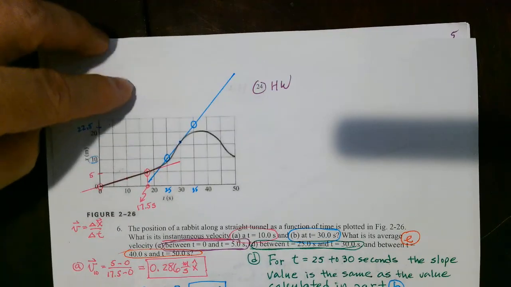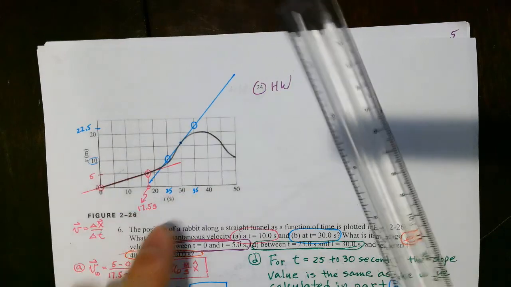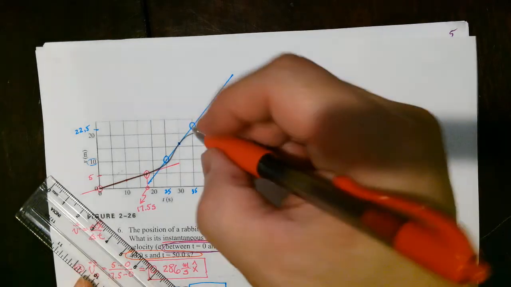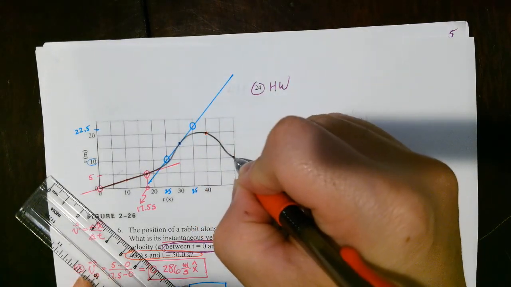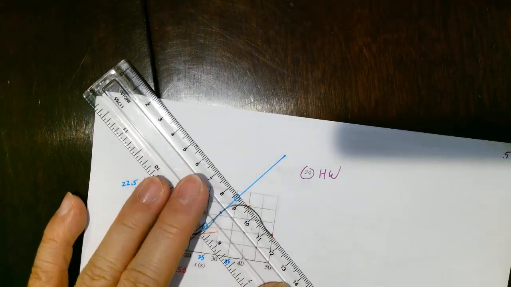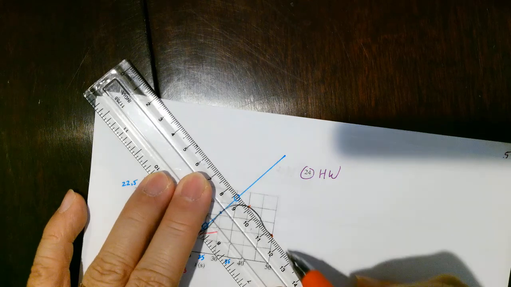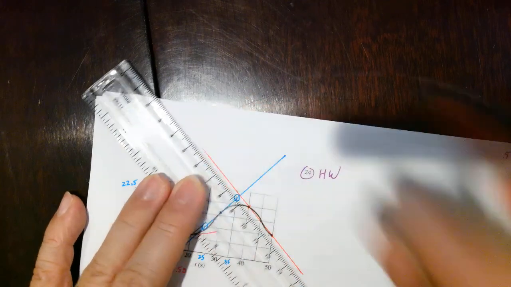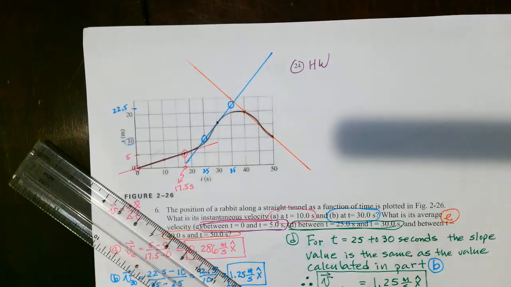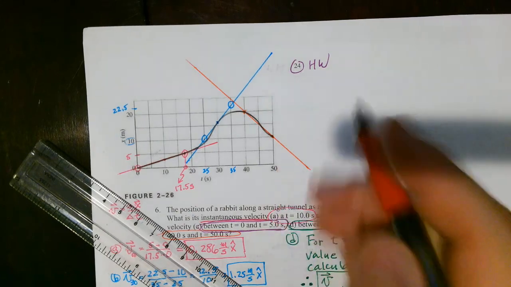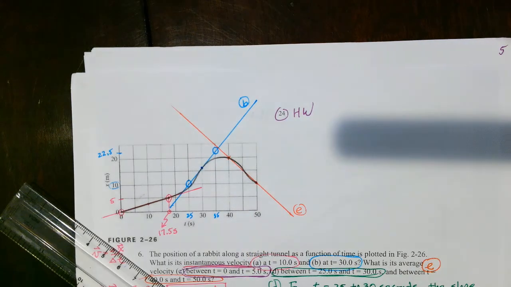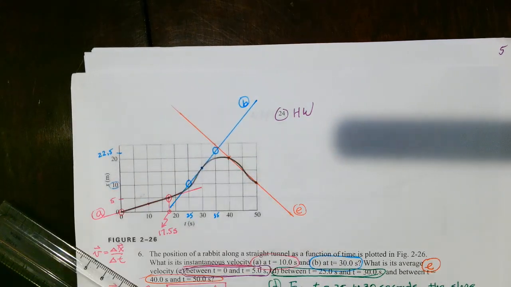A secant line is when the line goes through two points, whereas a tangent line goes through only one point. For a secant line, I have to go through these two points right here, 40 seconds and 50 seconds. So I draw a secant line from 40 to 50, like this, and find the slope value for this red line. Okay, so this is E. So this is B. This is A.